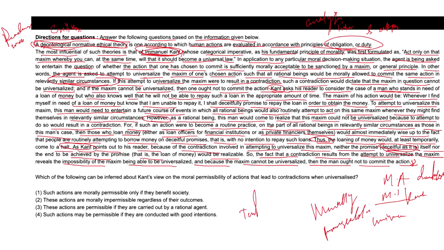So this is nothing but the complete passage's main idea. If I talk about the tone and the style of the passage, the overall tone can be called informative and analytical, right? It aims to educate the reader about Kant's ethical theory and its application to a specific example.